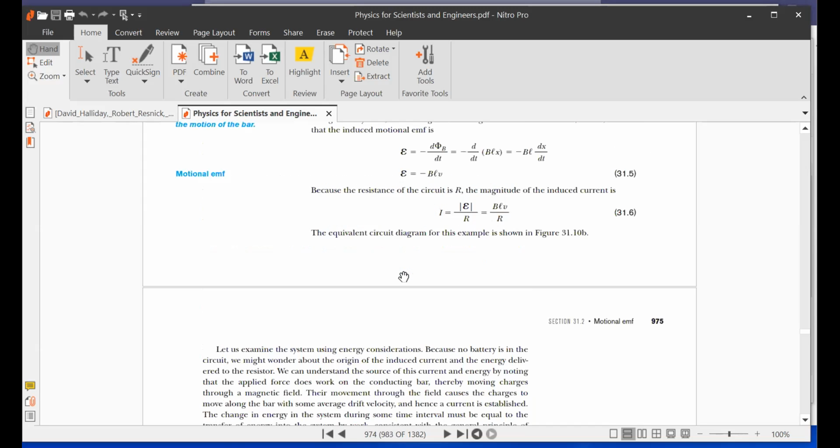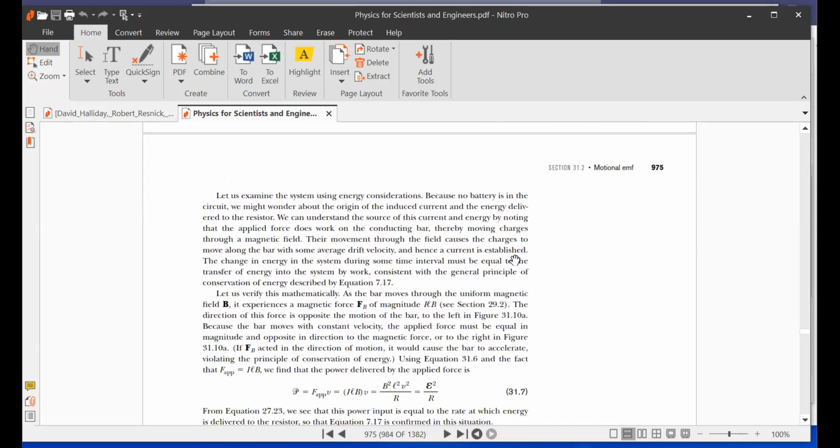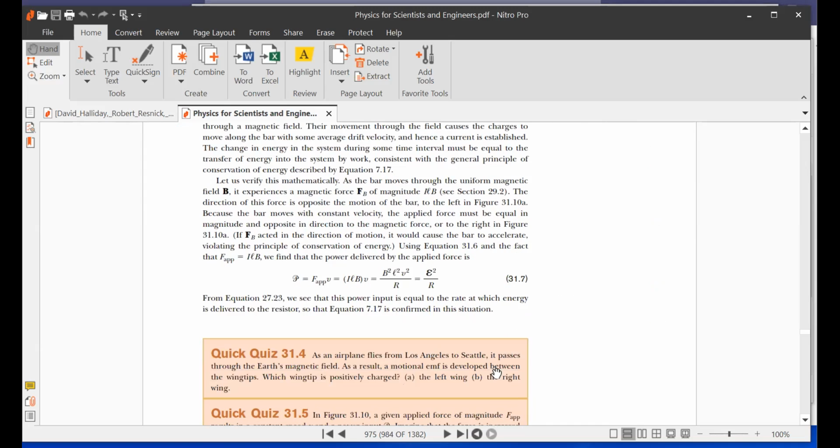Then we insert this I from equation 31.6, and we get this equation, which is the dissipative power at the resistance.